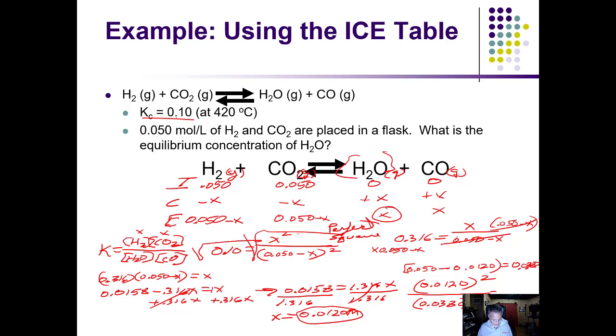So 0.0120 squared divided by the second answer squared, and I wind up getting, it looks like 0.0998, which is approximately 0.100.